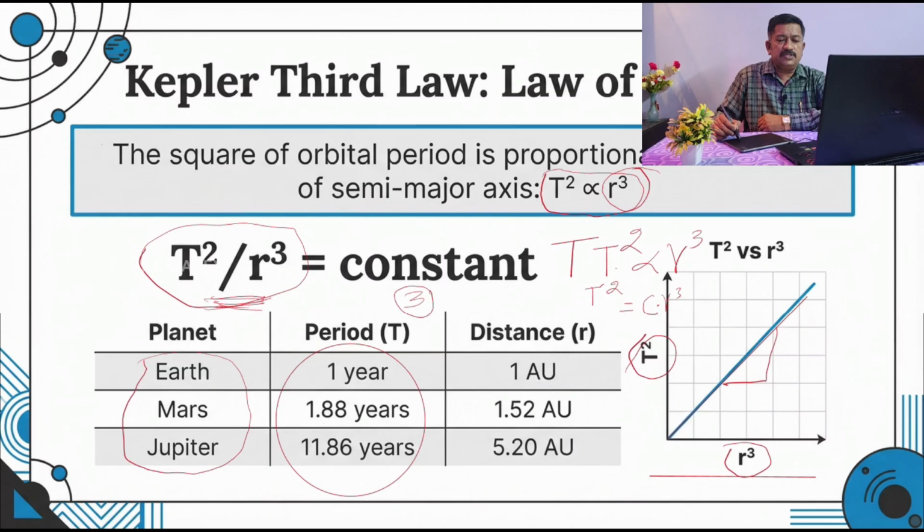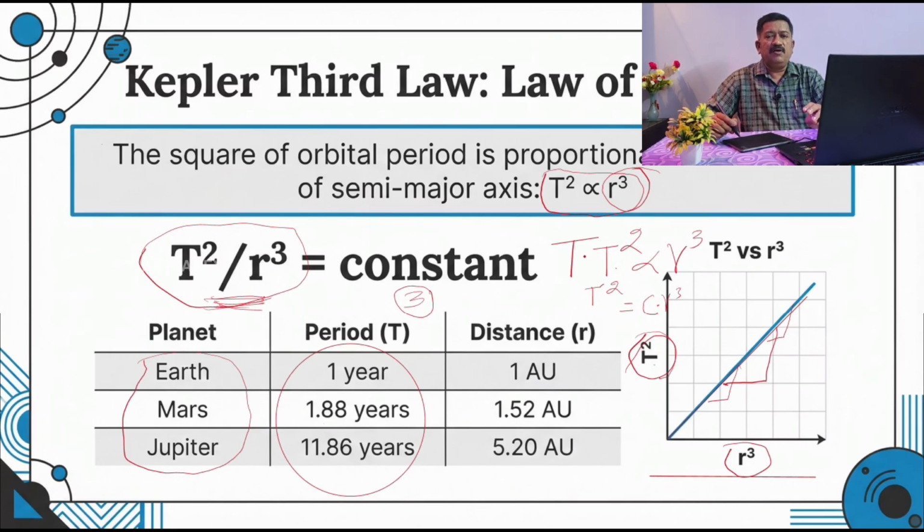The slope is nothing but y by x. What is there in the y-axis? T square. So T square by R cube. If you take the slope at any place on this straight line, the ratio of T square by R cube is always constant. So these things we can see at this point.